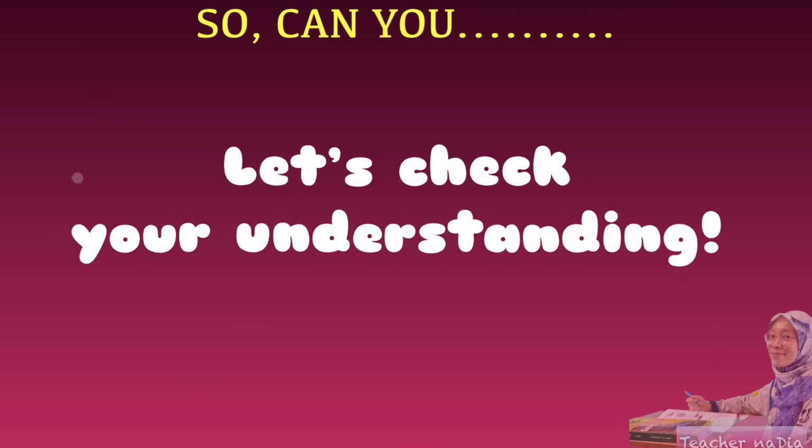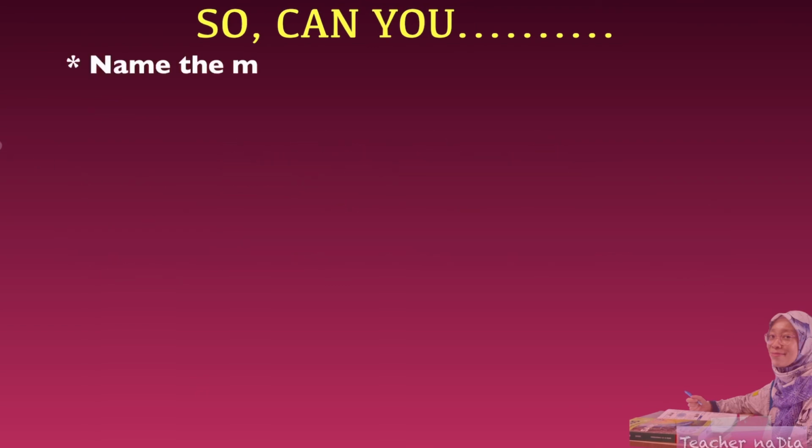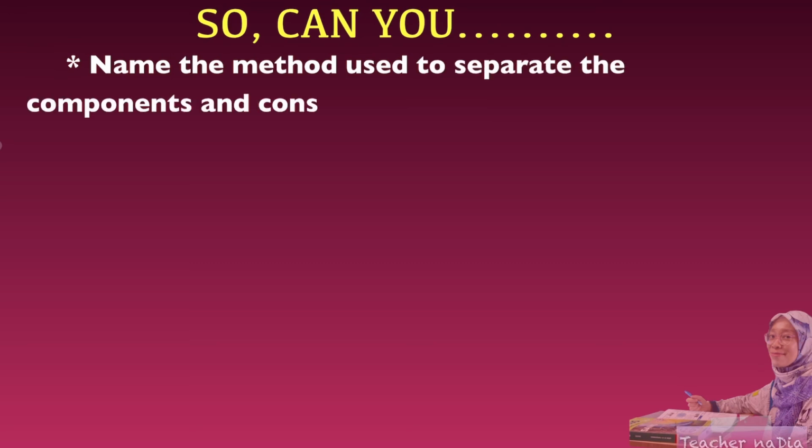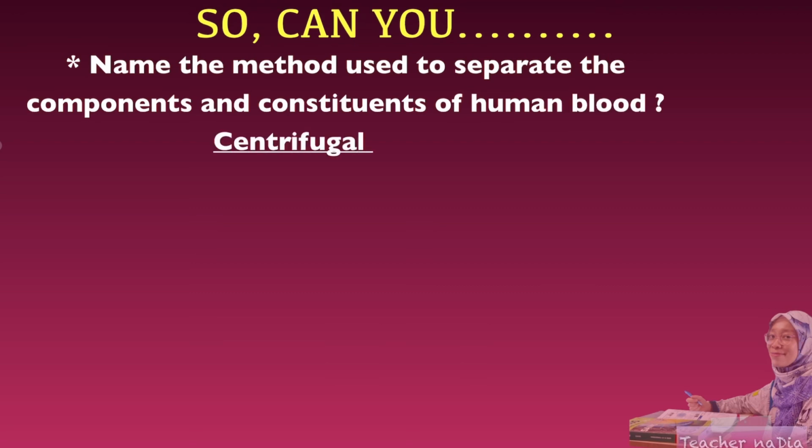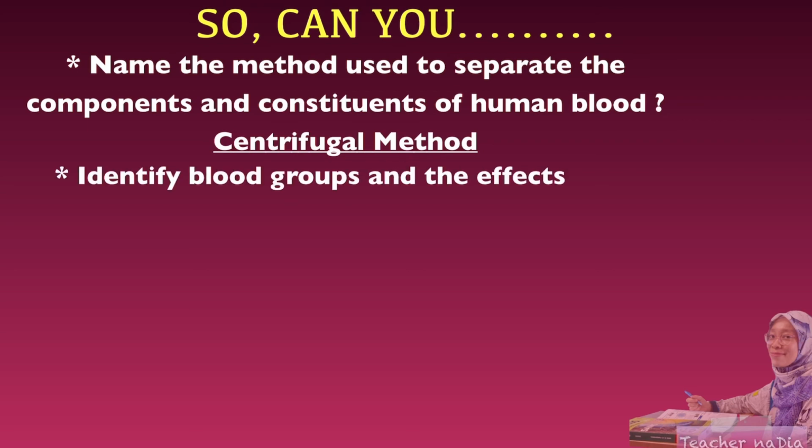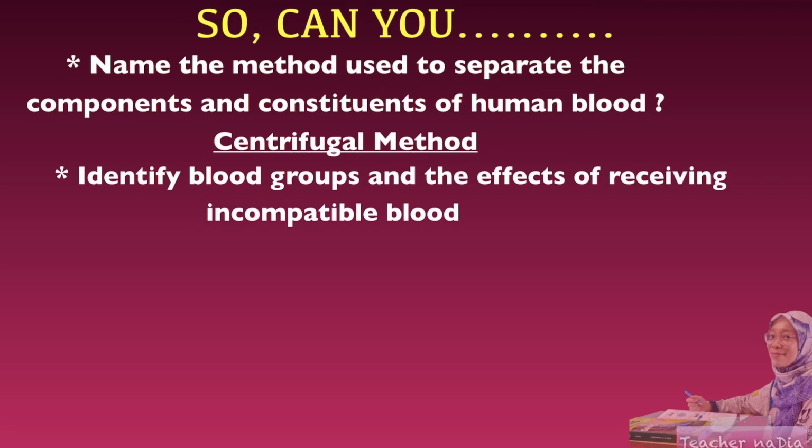Now look at the learning objectives. The first one: name the method used to separate the components and constituents of human blood. It is the centrifugal method. The second one: identify blood groups and the effects of receiving incompatible blood groups.